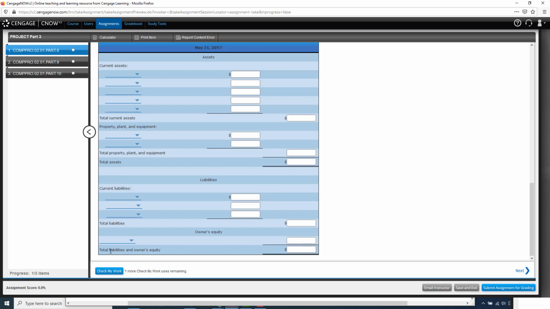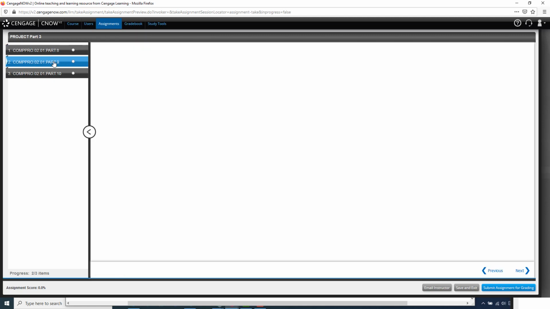And total liabilities and owner's equity. It's a subtotal, or here is the total. That should match the total assets. Total assets equals total liabilities and owner's equity. And that completes your component, the part 8 of project part 3. Let's move on to the next.